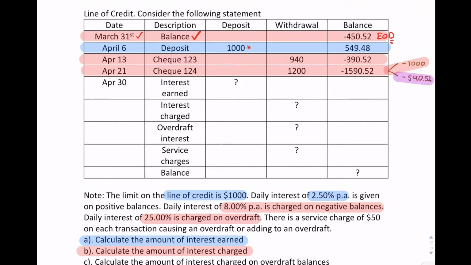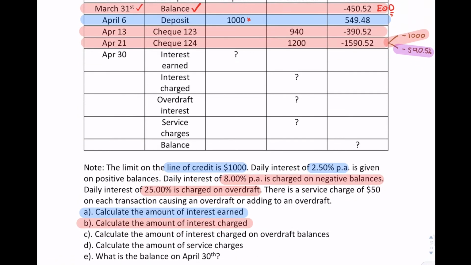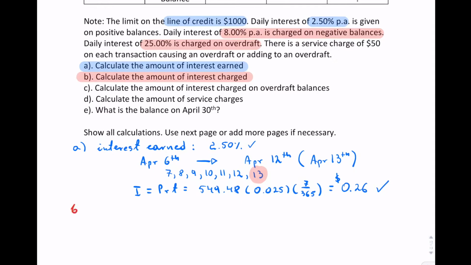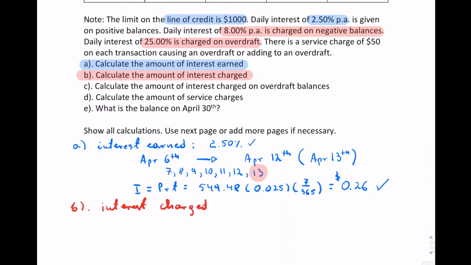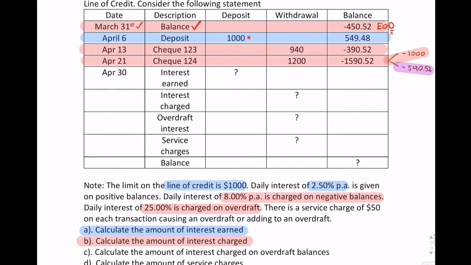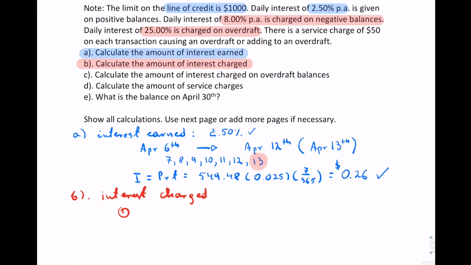So you're going to start counting from the first day of the month, which means April 1st. Now that goes to April 6th. So this is interest, which is charged, and this is the first one that we have. That is 450.52.